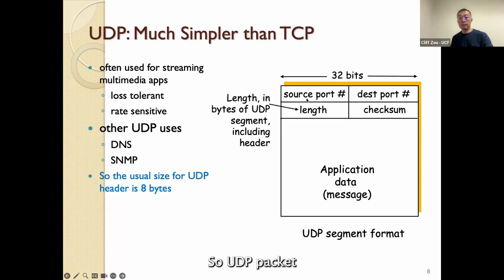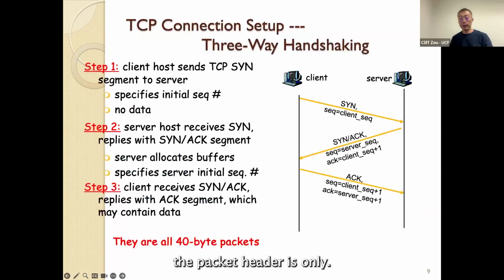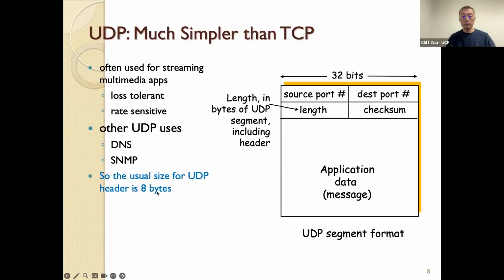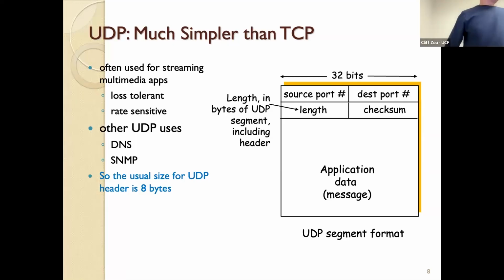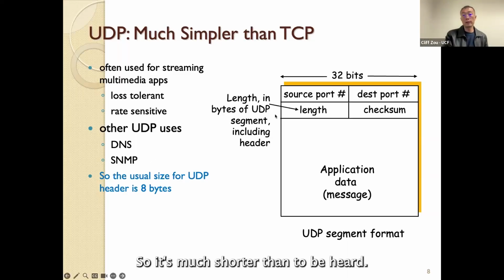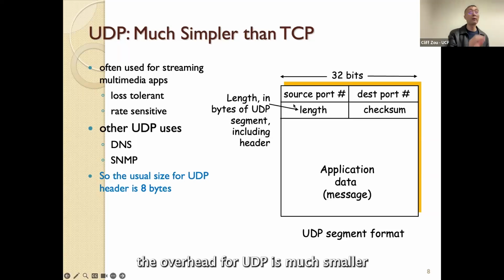So the UDP packet header is only 2 rows, so 8 bytes. It's much shorter than the TCP header. So from this point of view, the overhead for UDP is much smaller.